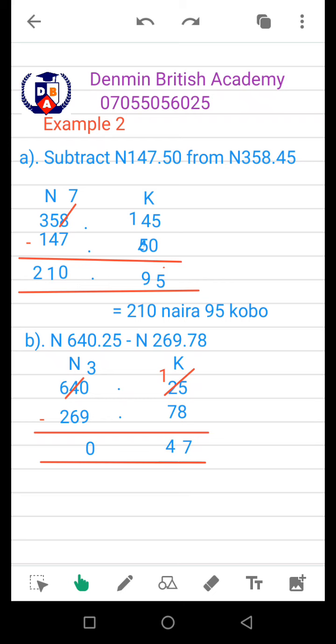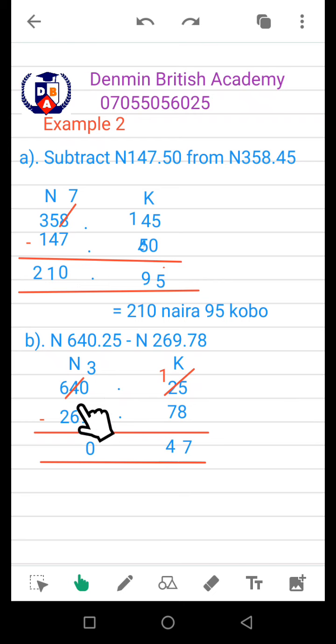Then we put our point here. Remember it was 10 when we borrowed 1 from it, it became 9, and 9 minus 9 is 0.